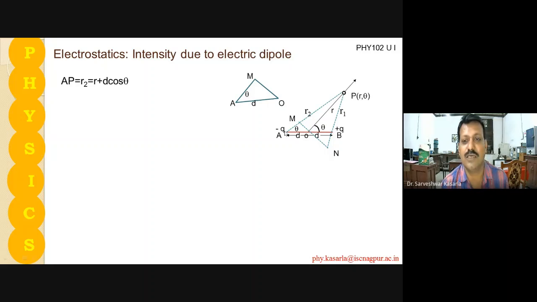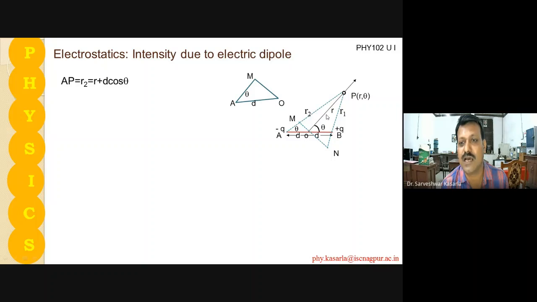Yes, so this is the electric dipole having plus q charge and minus q charge. Let P be the point having polar coordinates r, theta, where we have to find the potential or intensity. From the center of the dipole, its distance is r, from the plus q charge its distance is r1, and from the minus q charge its distance is r2.